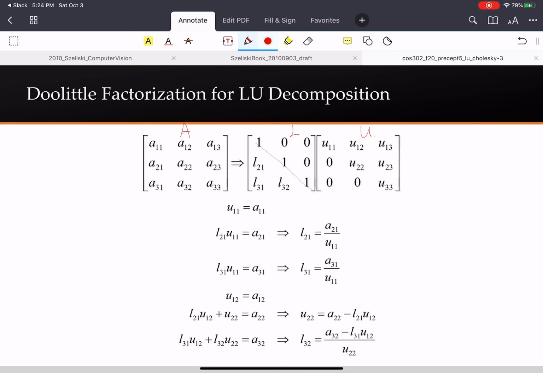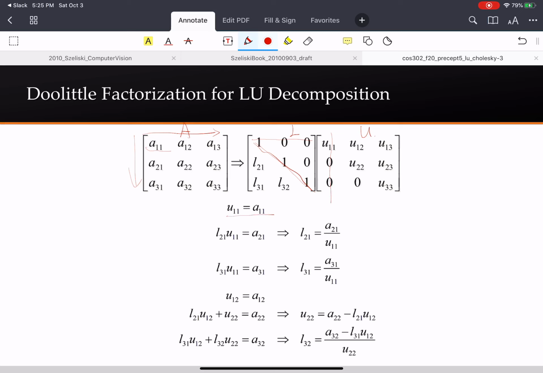Similar to the workflow that we used for the Cholesky decomposition, we now build equations of computing A from left to right, from top to bottom. Because we have explicitly assigned the value of 1 to the diagonals of L, now A11 is equal to first row times first column, which is U11.